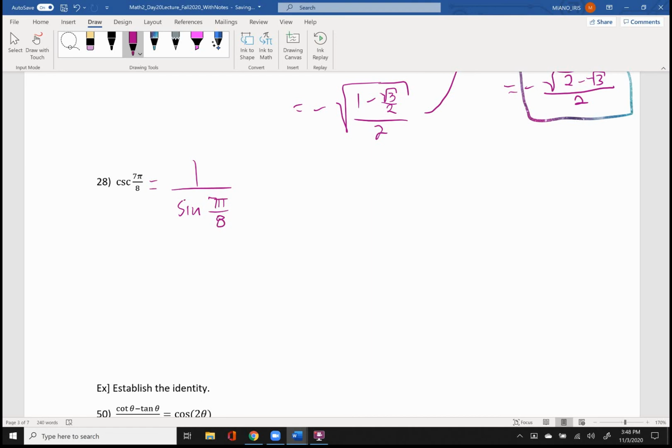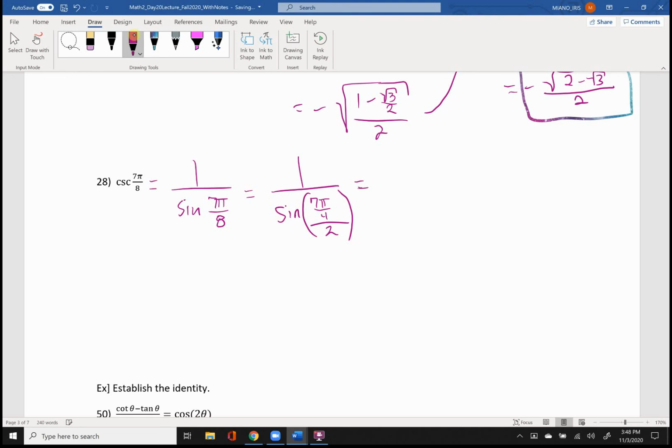And then say to myself, okay, what do I need to represent this as in order to use the half angle formula? Now bear with me, this is a little bit funky. It'll be the sine of 7 pi over 4 over 2, right? So this will be like your theta as you use it in the formula.